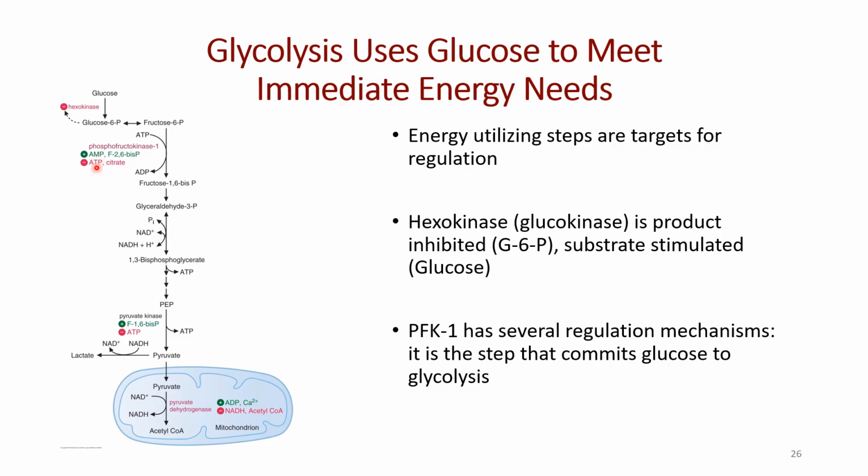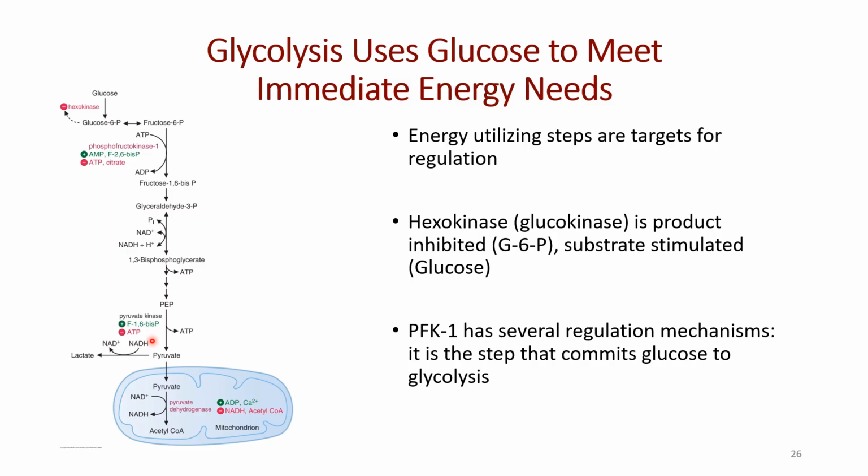You remember AMP is a strong allosteric activator, saying, oh, AMP levels are high, that means there's not a lot of ATP, we better do glycolysis so we can make more ATP. And so you stimulate the PFK1 enzyme to make fructose 1,6-bisphosphate, and then down here pyruvate kinase is going to stimulate that ATP production as well.